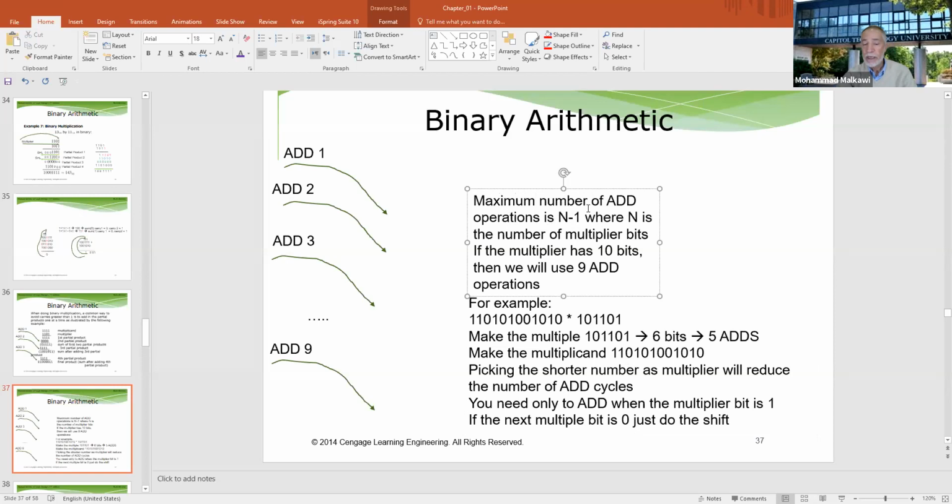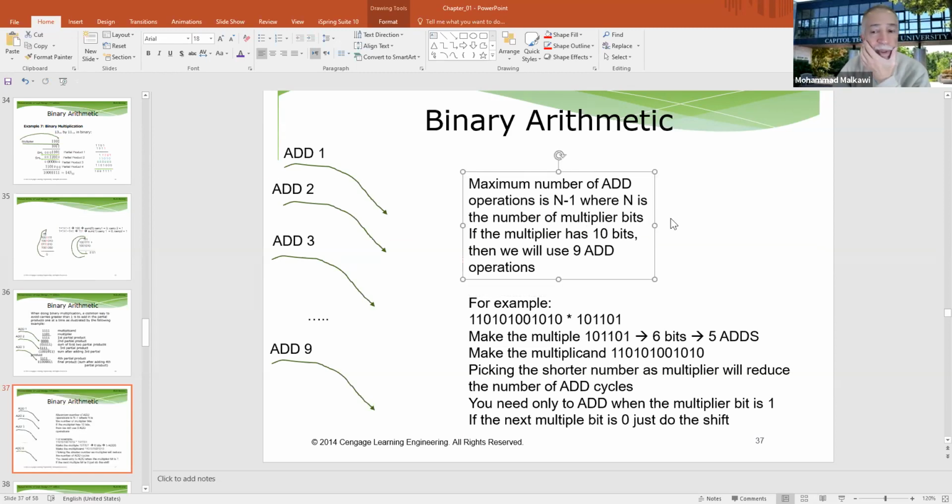And if the multiplier has so many zeros, then the maximum number of add operations is equal to the bits which have the value 1 in the multiplier. I don't have to do the add operations whenever the multiplier bit is a 0. I will just do a shift.